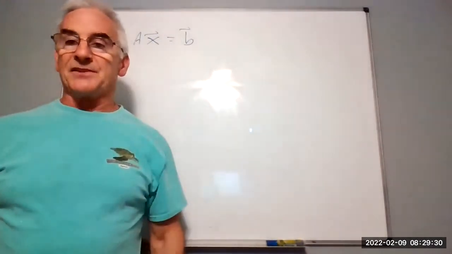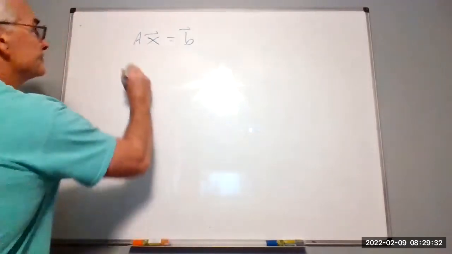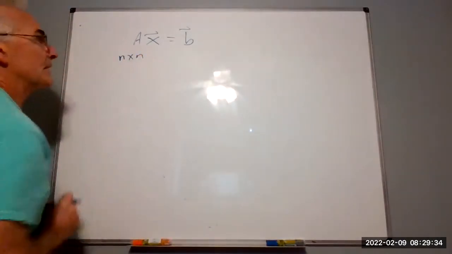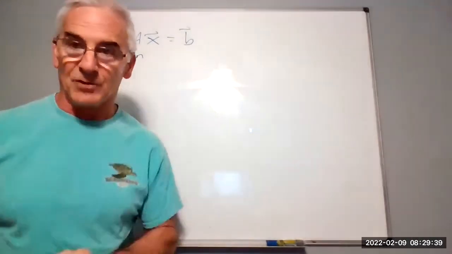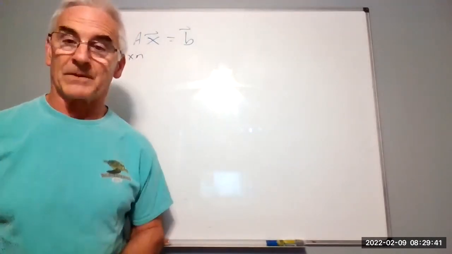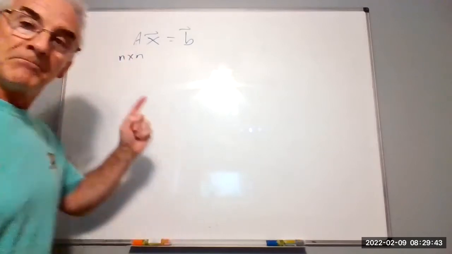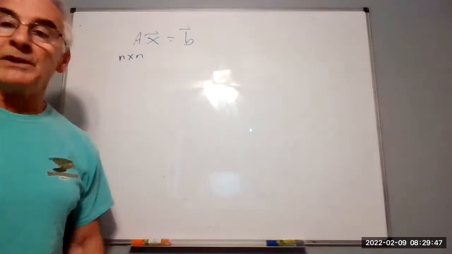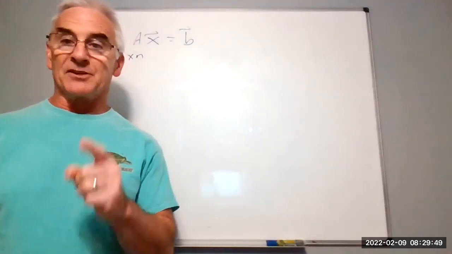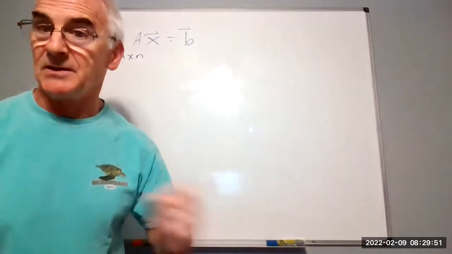Let's suppose A is an n by n matrix. Then we'll say this system has a unique solution if and only if A inverse exists. We agree with that. If and only if matrix A is row equivalent to the identity matrix.